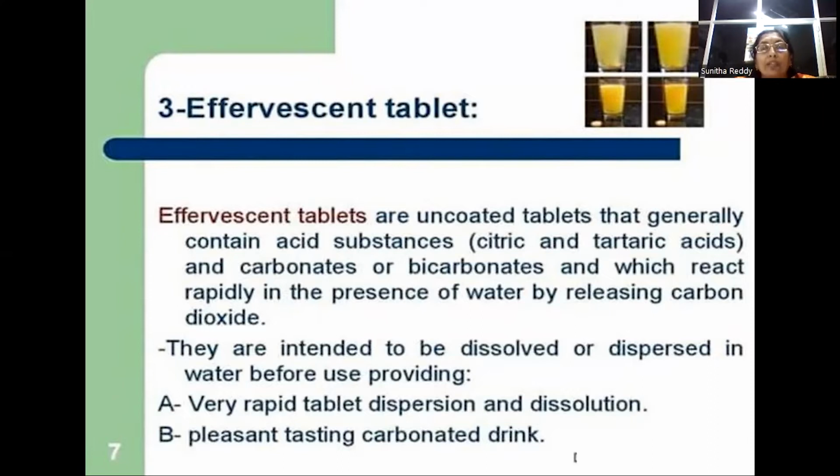So effervescent tablets are dispensed into water, and the whole drink is taken for the action. They are intended to be dissolved or dispersed in water before administration, and they have very rapid dispersion and dissolution, so onset of action is very fast. They are like a carbonated drink.